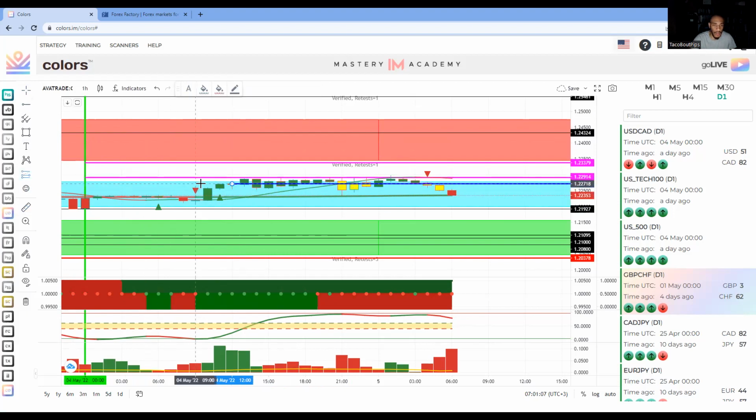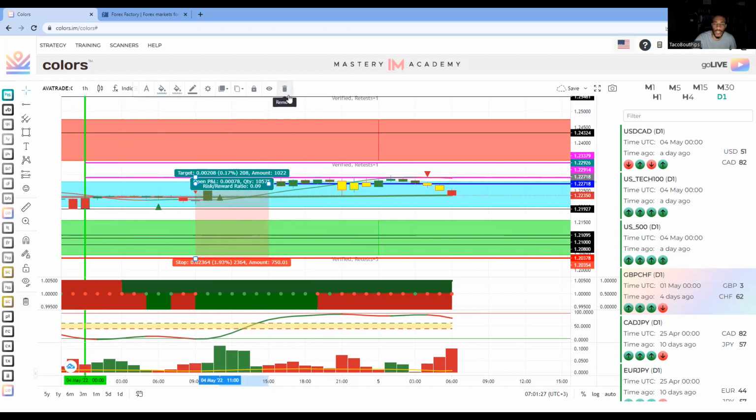If you see here, that risk to reward isn't a horrible risk to reward, but I most likely would not have taken that. But that just shows you, you can still catch those pips, right? And all that matters is that you're using your proper risk management at the end of the day.